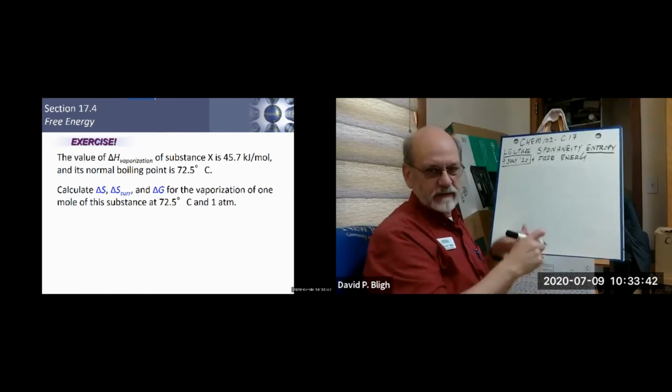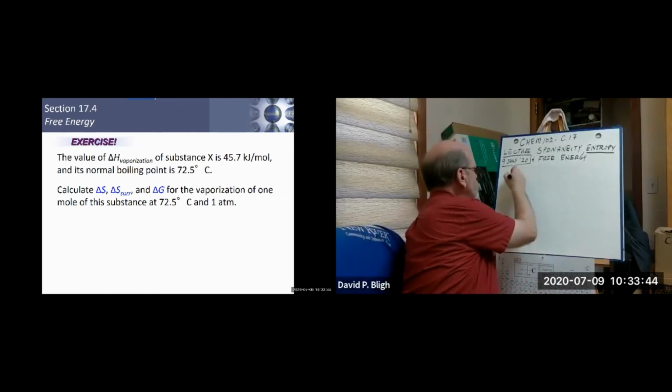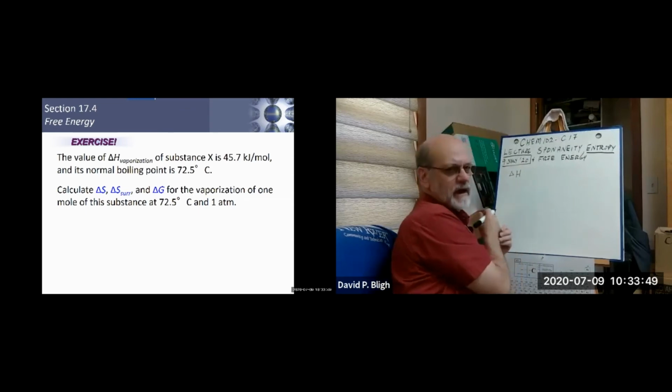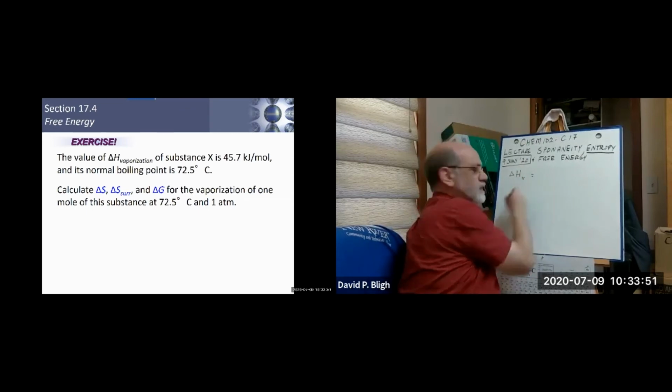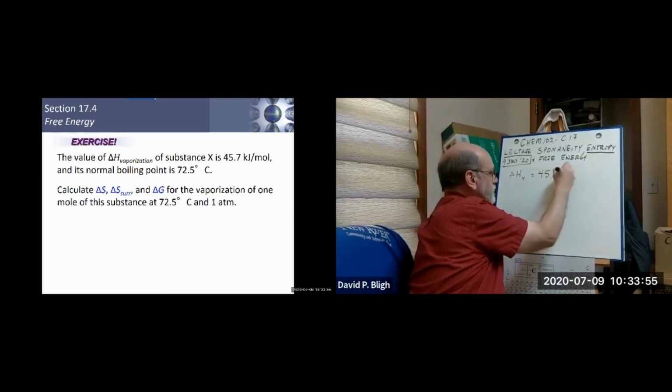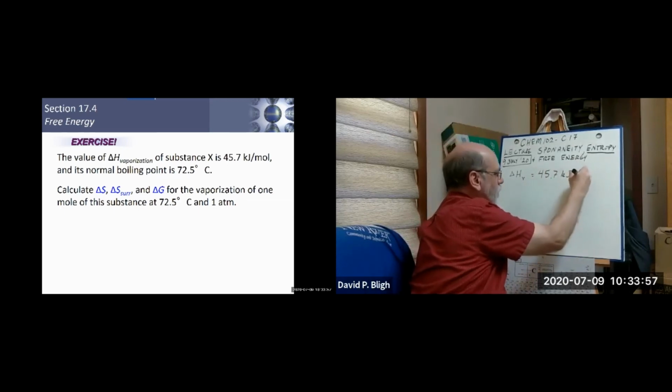So we're given delta H of vaporization is equal to 45.7 kilojoules per mole.